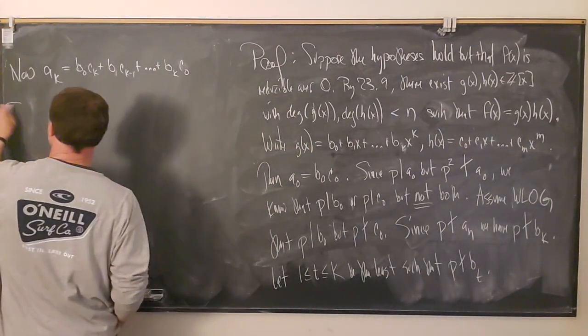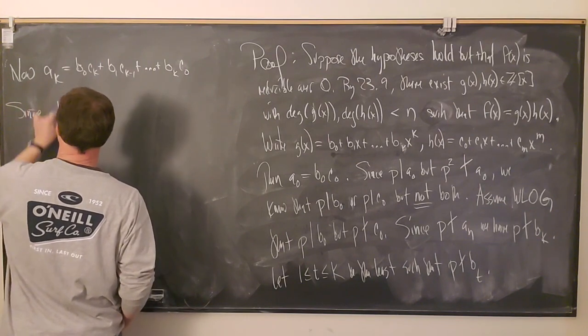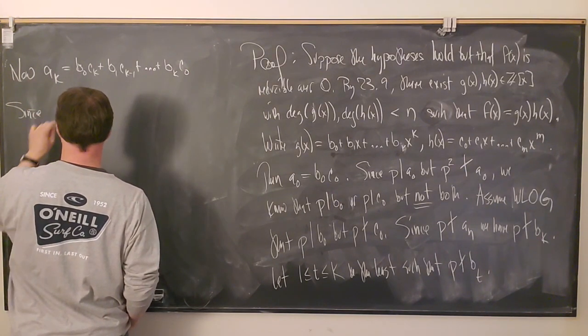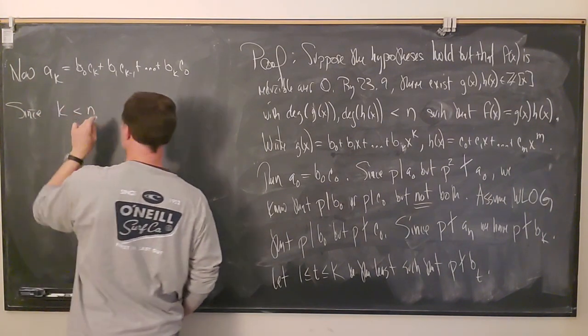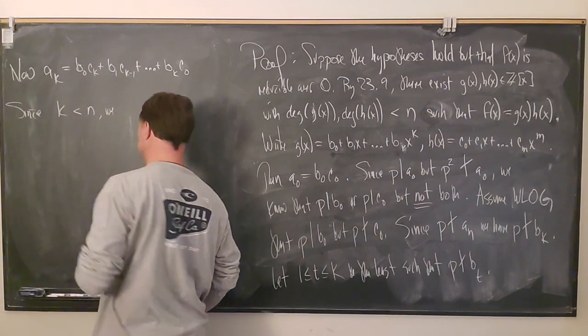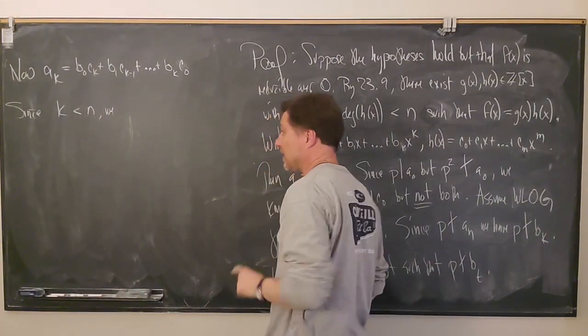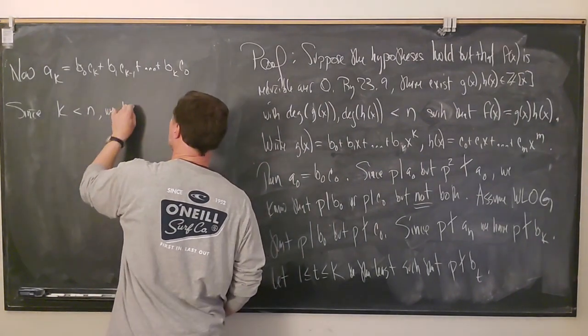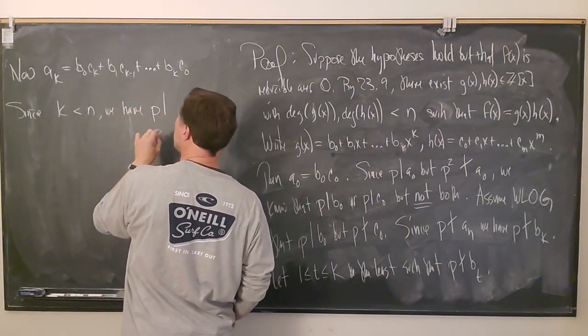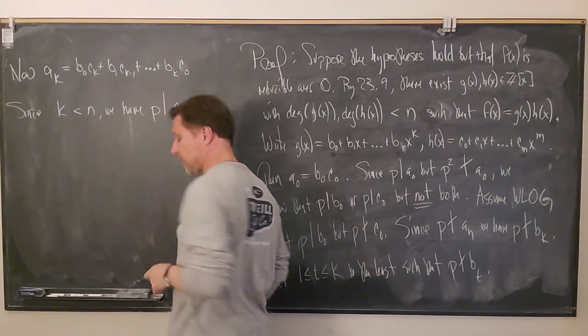Now, since k is strictly less than n, we know that p divides a sub k. So we have p divides a sub k.